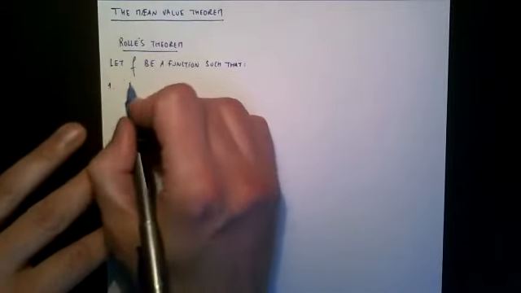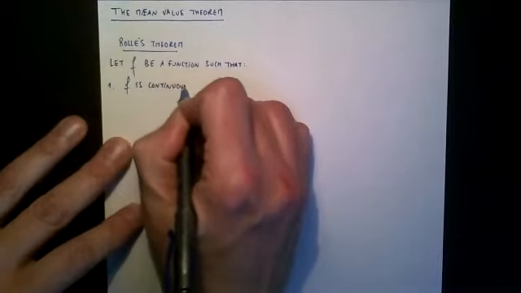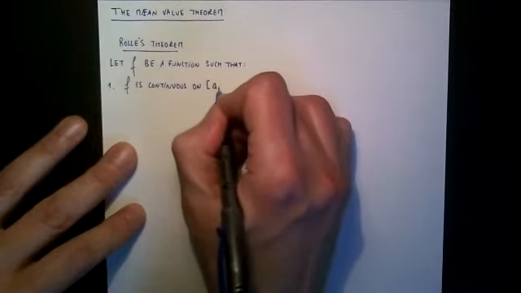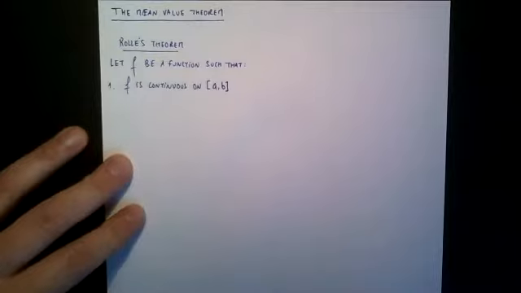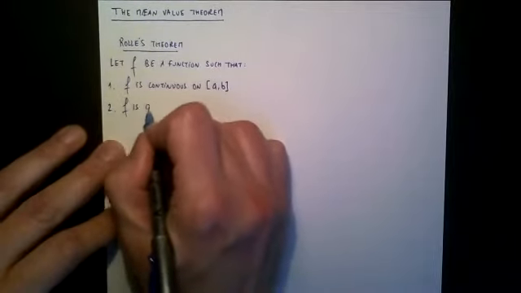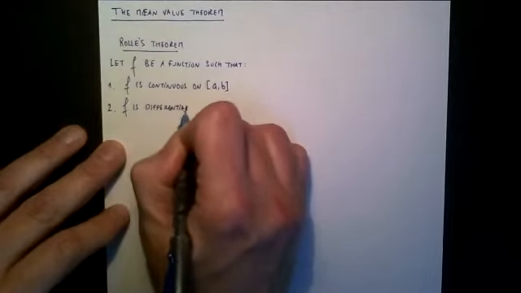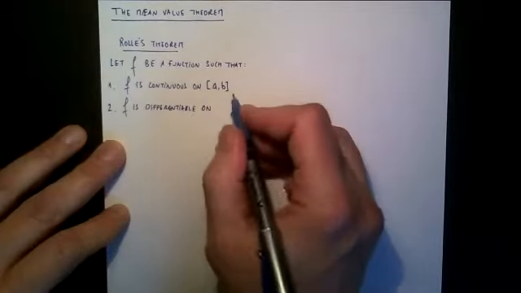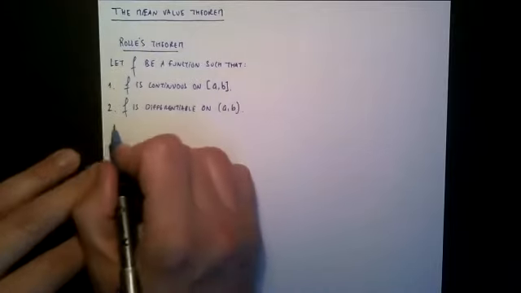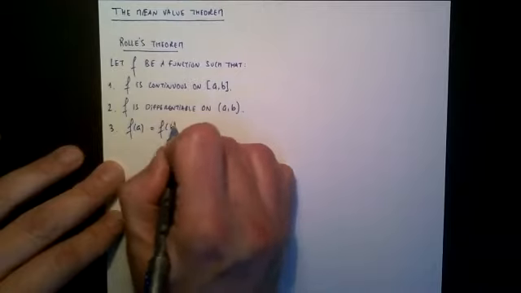One, f is continuous on the interval [a, b] closed. Second, f is differentiable on (a, b) open. And three, f of a equals f of b.